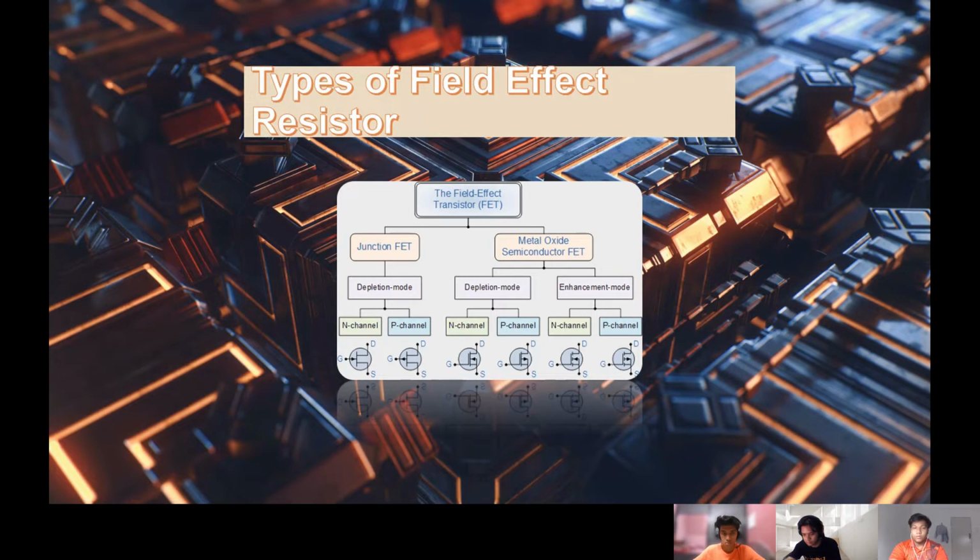This is also divided into two, depletion mode and enhancement mode. So we go on the depletion mode first. It is also divided into two, N channel and P channel. The same goes for enhancement mode, divided into two, N channel and P channel.